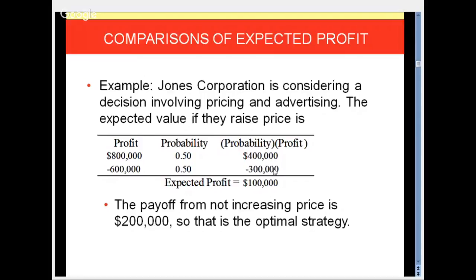We're going to see why. You would have to be extremely risk-seeking to raise price, simply because you're hoping this will happen, and you're hoping to make $800,000 in profit instead of $200,000, instead of the expected payoff of $100,000. But that's only if you're risk-seeking. In other words, you really like to gamble.